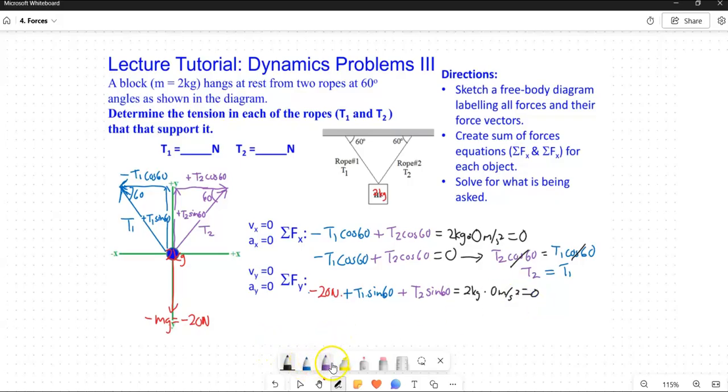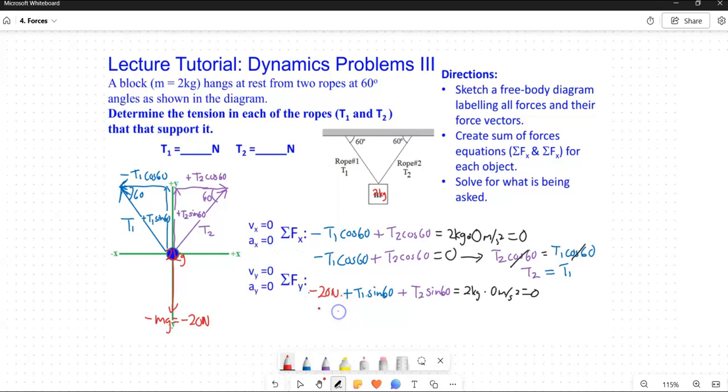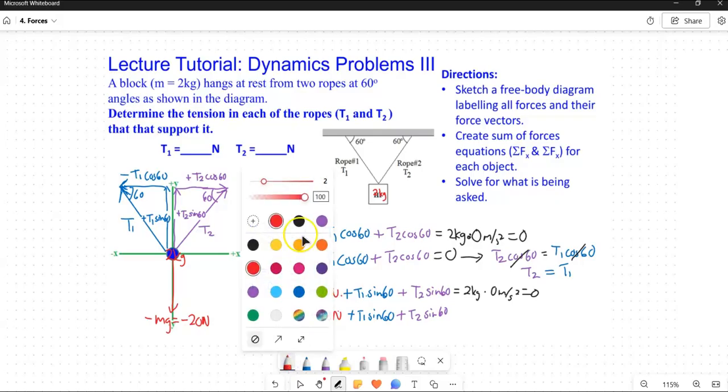So we're going to have negative 20 newtons plus T1 sine of 60 degrees plus T2 sine of 60 degrees, and that is going to be equal to 0.